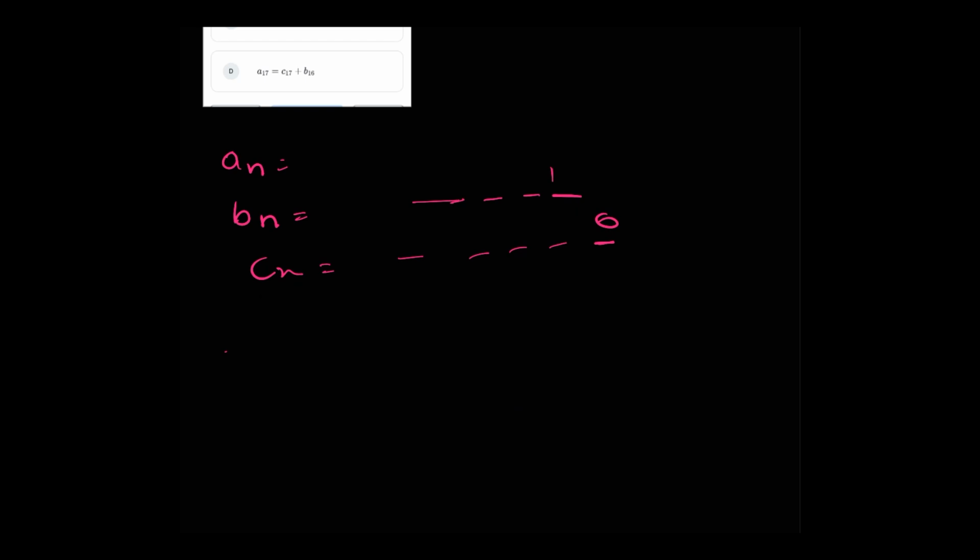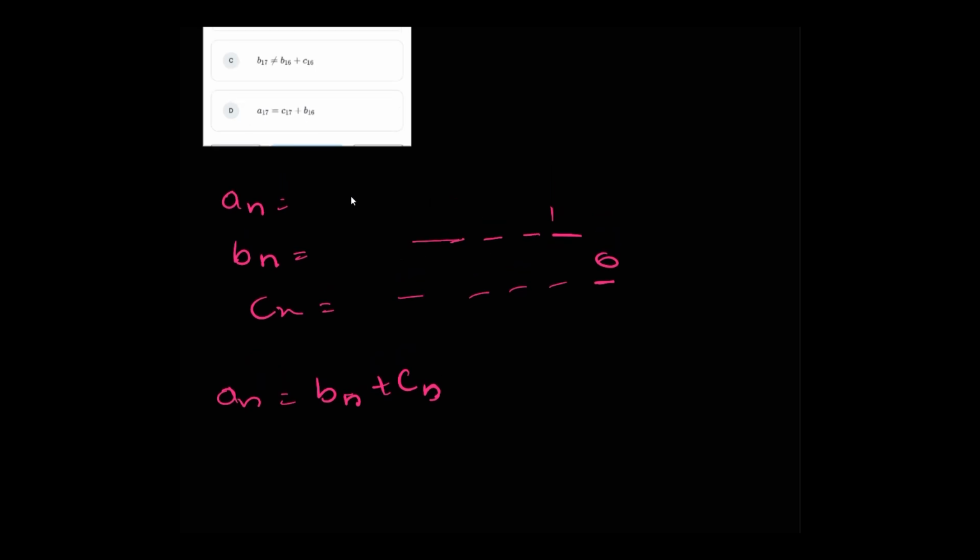Therefore, we can write An as Bn plus Cn. Since for An, no two zeros are together and the last one should be 1 or 0. So for 1 it will be Bn, for 0 it will be Cn.